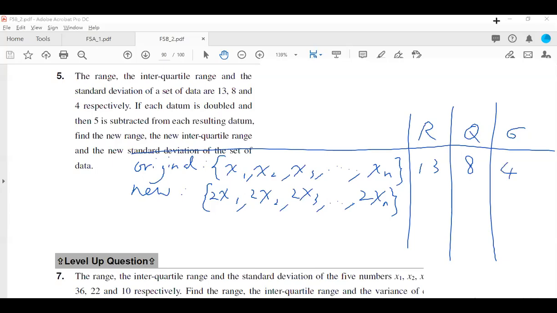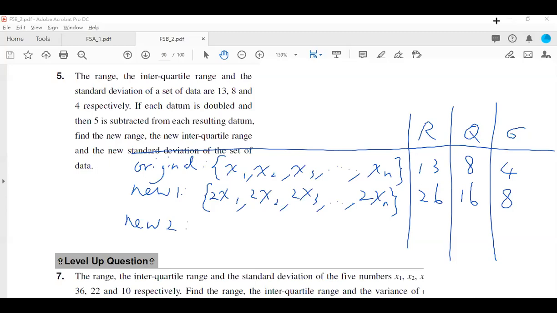And then after doubling the data, the range, interquartile range, and standard deviation will also be doubled. Okay, so that should be equal to 26, 16, and 8. And then this is new 1, this is new 2. Okay.